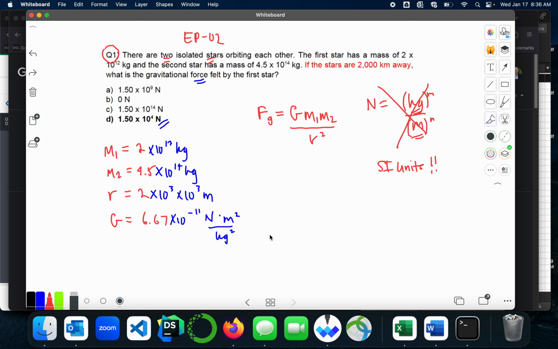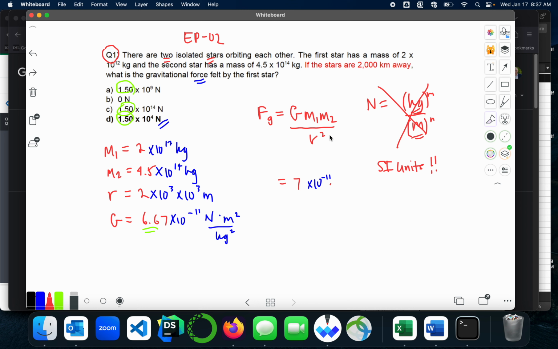Let's come over here. This is equal to, I don't know if I give myself enough room here. I'm going to round these, because look at this, these are all 1.5, 1.5, and 1.5, so I can do a lot of rounding here. I'm going to call this number 7 to make my math easier. 7 times 10 to the minus 11, and since I've already taken care of all my units, I'm not going to put the units in there.